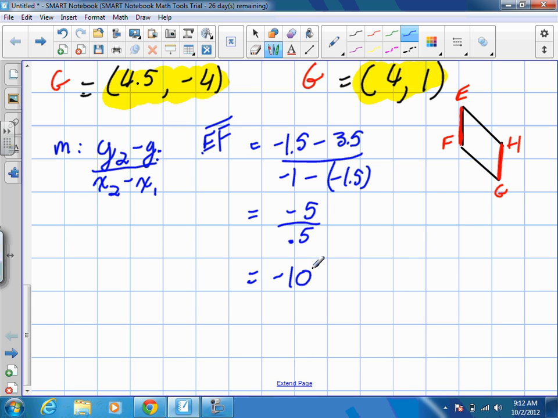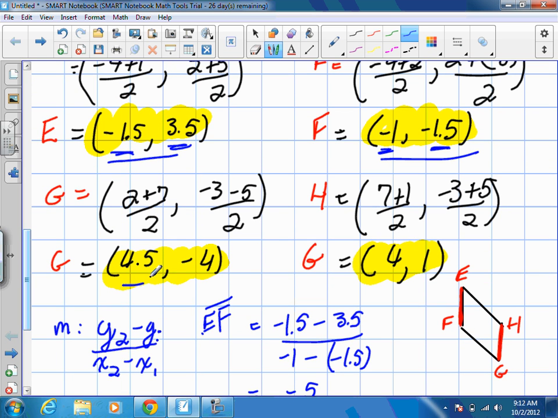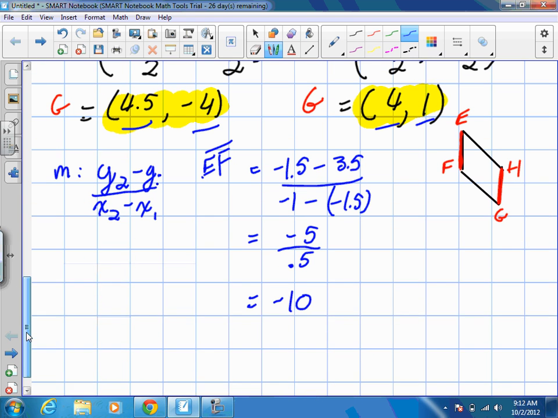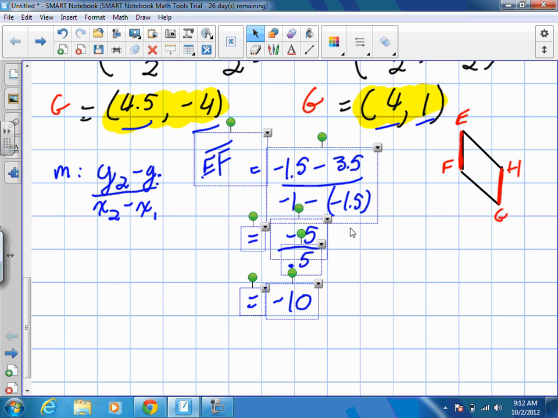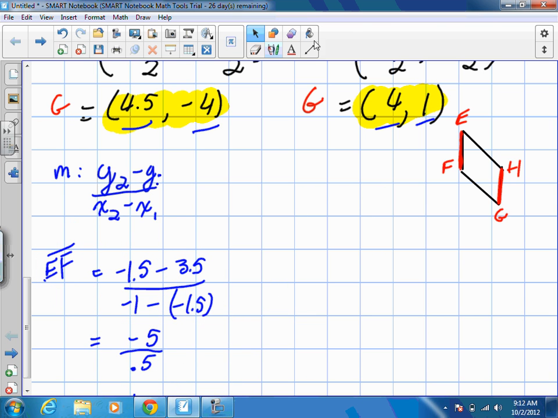We now have to find the slope of HG, being these coordinates here. Again we'll use our slope formula. I'm just going to move this one over so we have some room. Okay, we found EF. Let's find HG. Y2 minus y1.